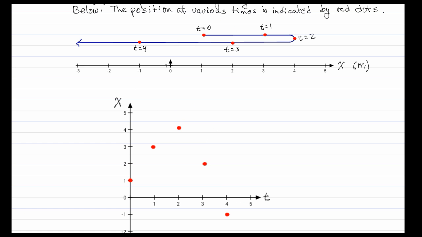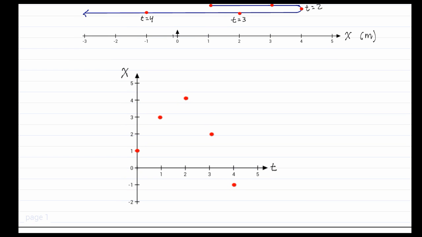So what we can do is plot this. Now I'm not going to connect the dots with straight lines. I'm just going to draw a curve to fit all of these dots, just like this.